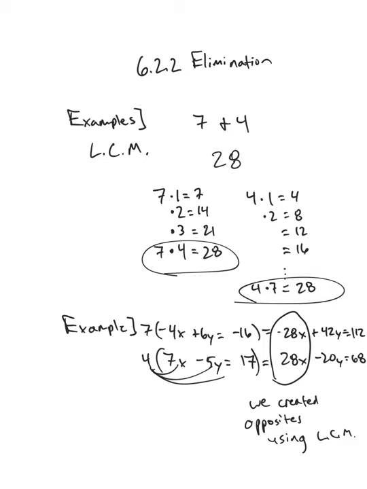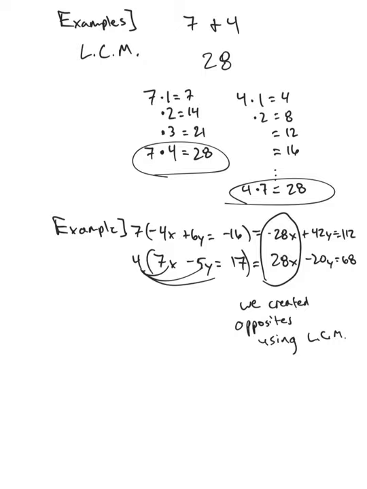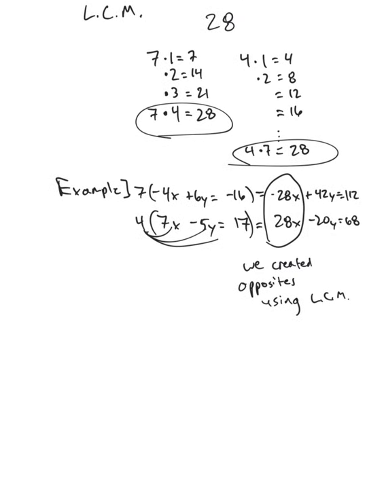All right. Let me show you another example of least common multiple, something useful for us. I want to find a good one here, guys, maybe where it's a little different.